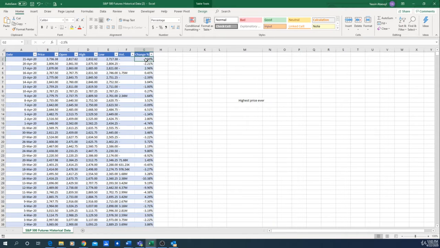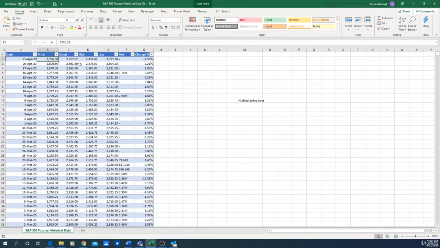The change is simply the movement that the price had in the day. So for example, the price opened at 2,817 and closed at 2,736. So the price of the stock dropped by 2.5%. So it's really a comparison of the open price and the closing price at the end.